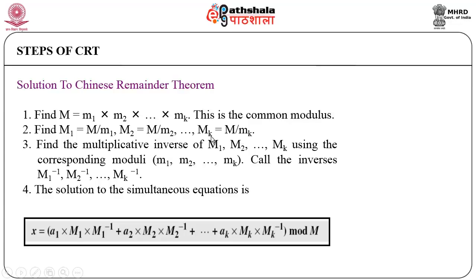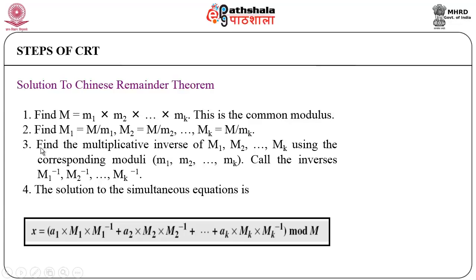So, this is the second step. First we need to find the common modulus. In this case, we have to multiply 3 into 5 into 7. Then after getting the value, we divide it by m1, m2, m3 to get capital M1, M2, and so on. That is step 2.